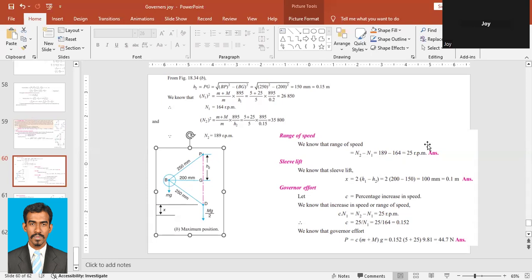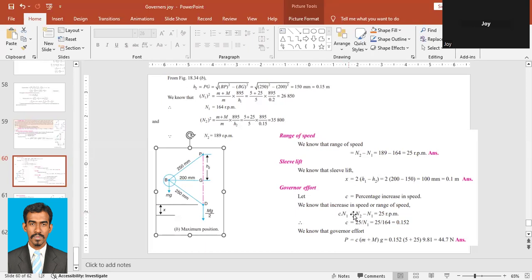So the percentage is C. Initial speed into C should be equal to this range. Why? Because the range is the maximum speed minus initial speed, and C is the percentage of the increment. So N1 into C would be the maximum speed.